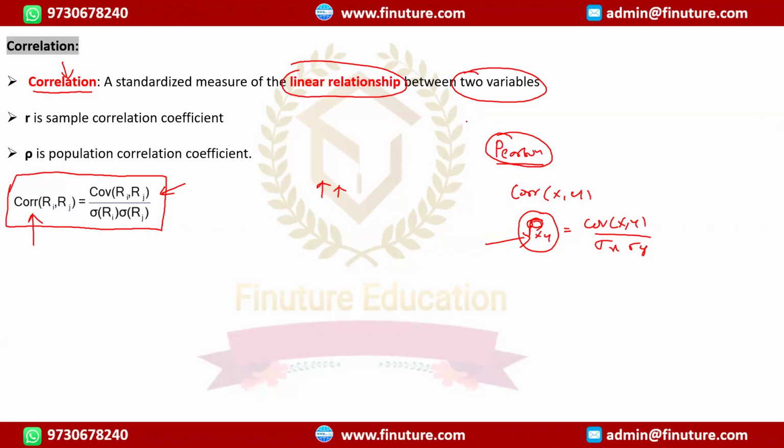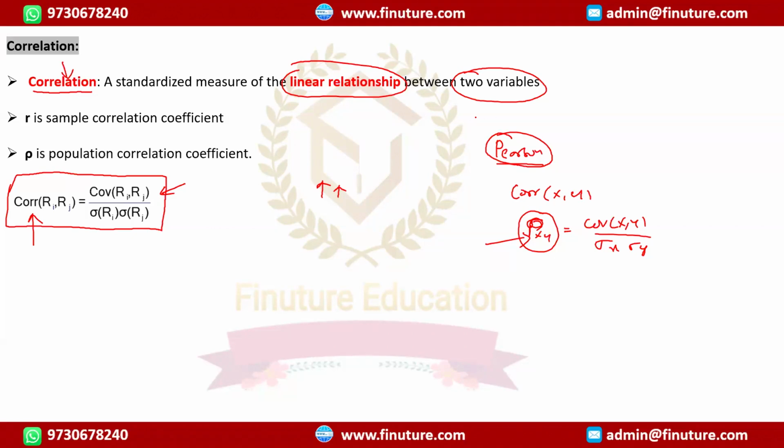For that, we have different types of correlation that we would be studying in the upcoming topics, chapters, and papers. So Pearson correlation is covariance over the standard deviations of both variables. This formula you need to remember, and understand that correlation is a linear relationship between two variables.